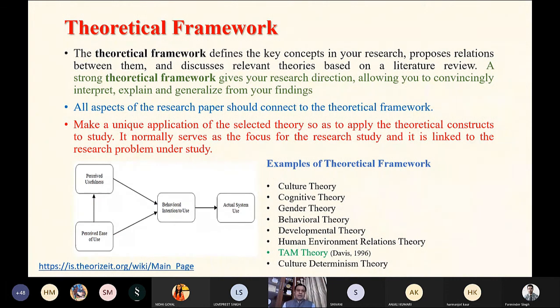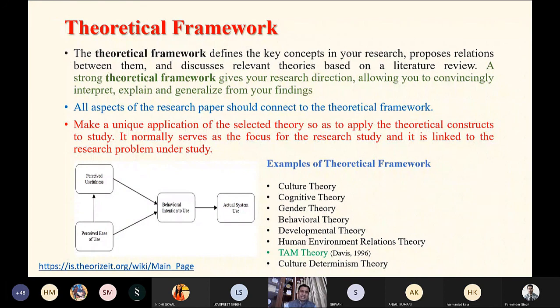Another most important part is the theoretical framework. What exactly is a theoretical framework? It is basically, as I was talking about, the theories that have already been developed by someone else, and you are going to apply those theories in your research in an innovative way.